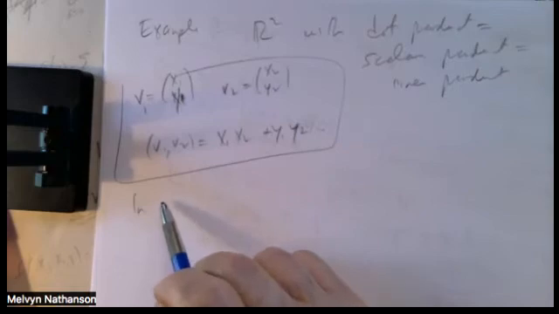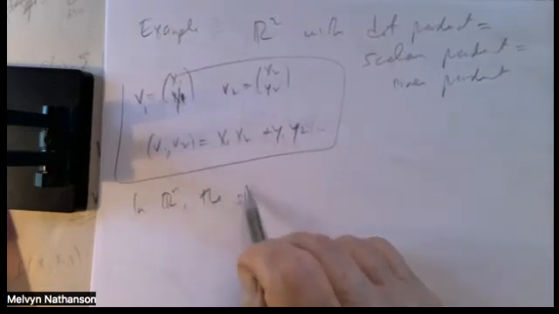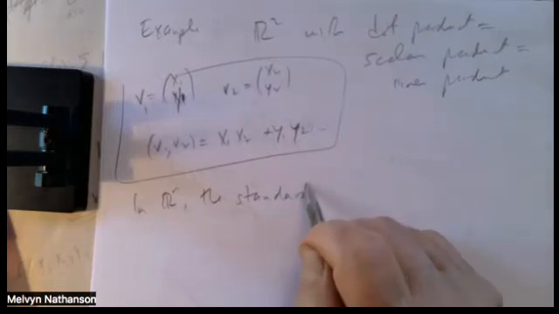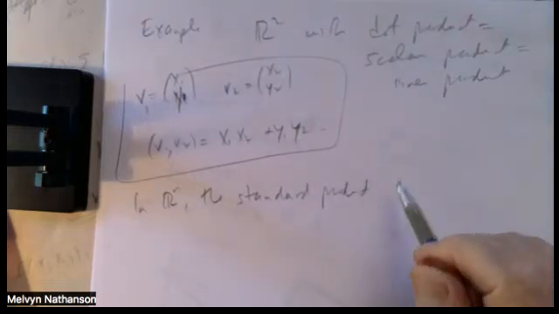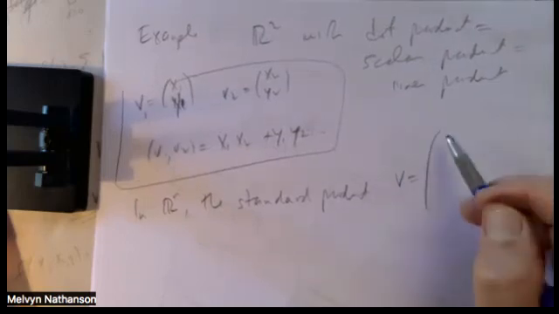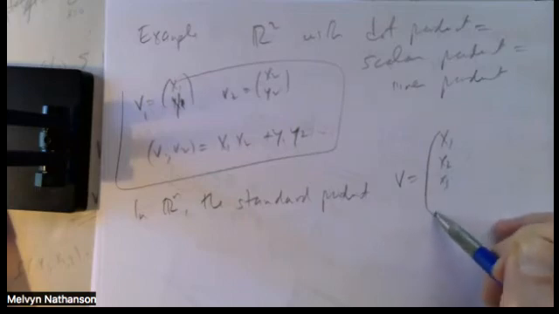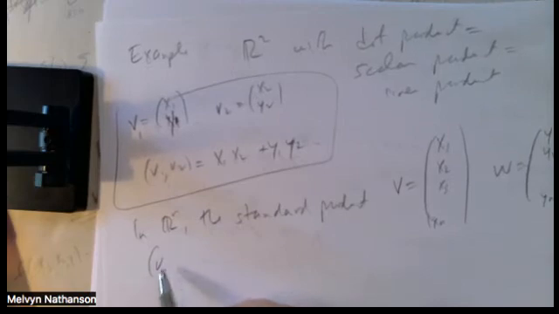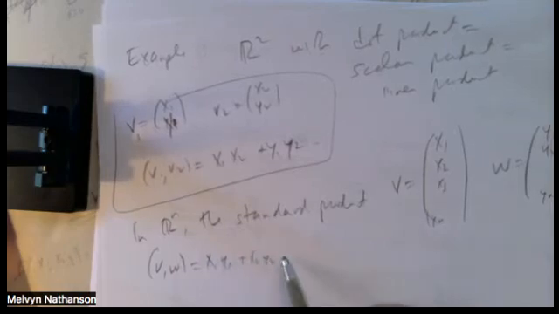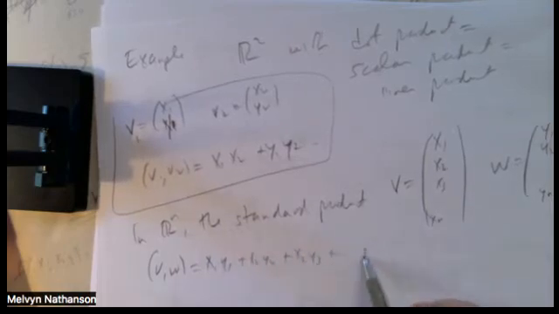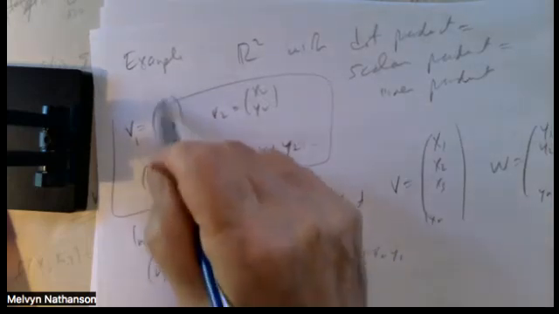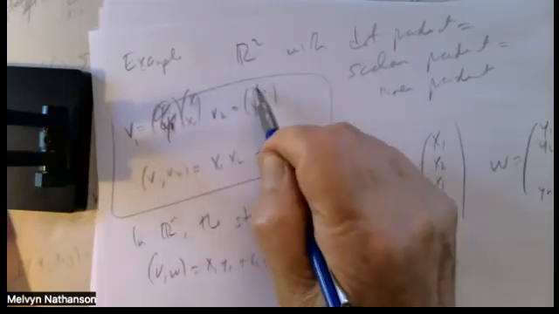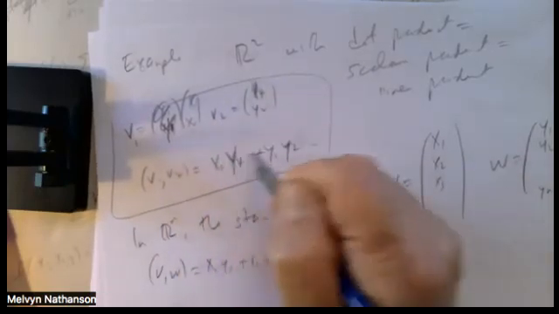In general, in Rn, what is often called the standard inner product, if you take v to be the vector (x1, x2, x3, up to xn), and w to be the vector (y1, y2, down to yn), the inner product of v with w is x1 y1 plus x2 y2 plus x3 y3 up to xn yn.